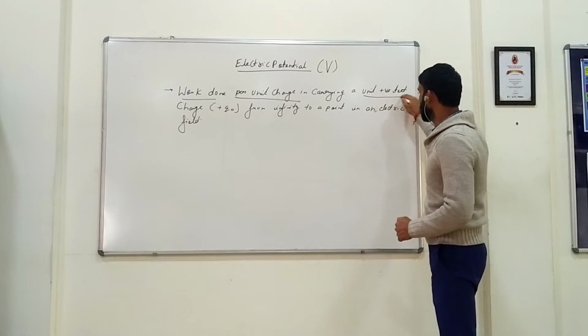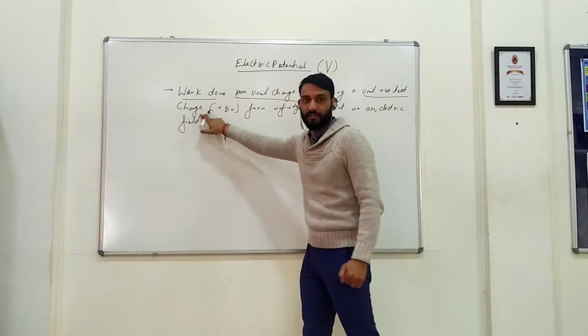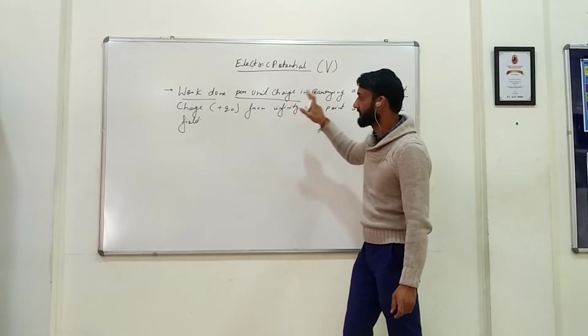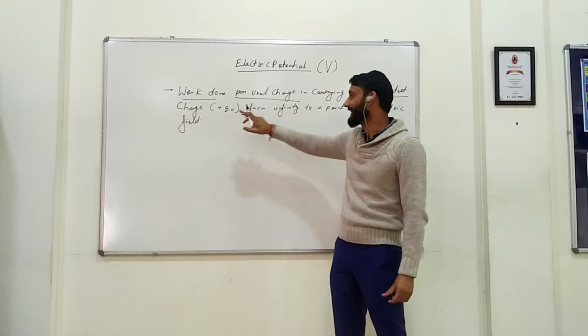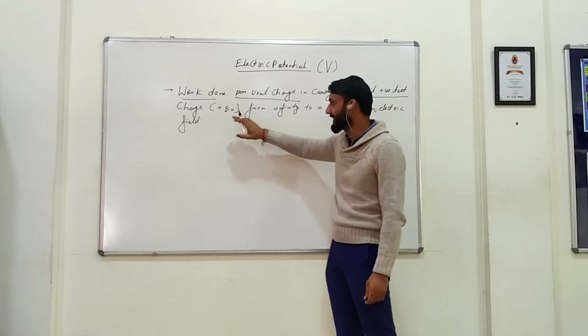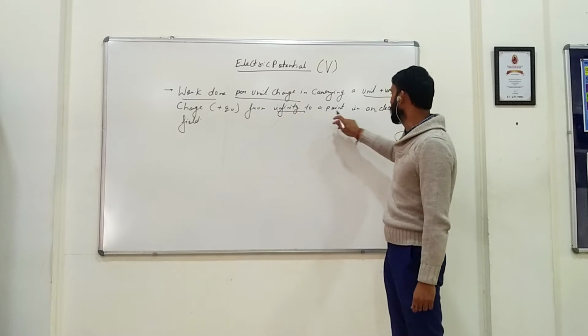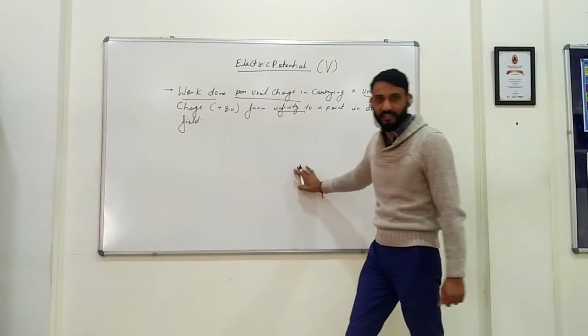So this is the unit positive test charge. Work done on what? Work done on this unit positive test charge when we are displacing it from infinity to a point in an electric field.